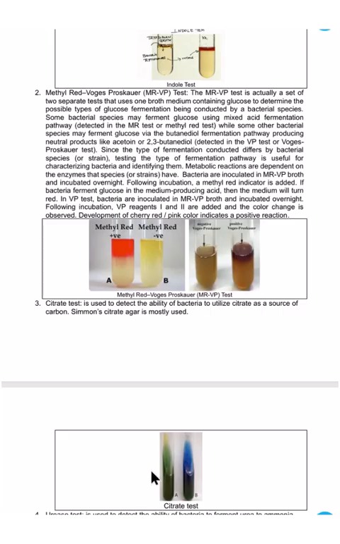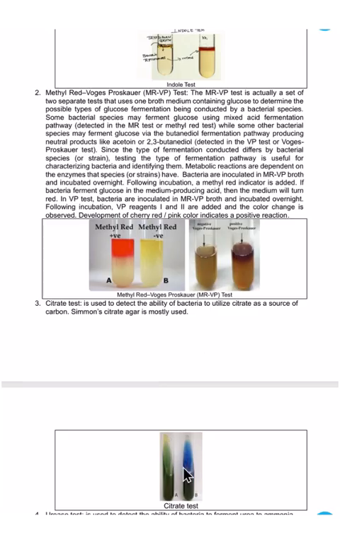So this is what we call the citrate test. Testing the bacteria if it utilizes the citrate. Citrate, as you know, is a type of chemical that contains a carbon source. So it utilizes this citrate as a source of carbon, and the medium we grow the bacteria on, we call it Simmons citrate agar.